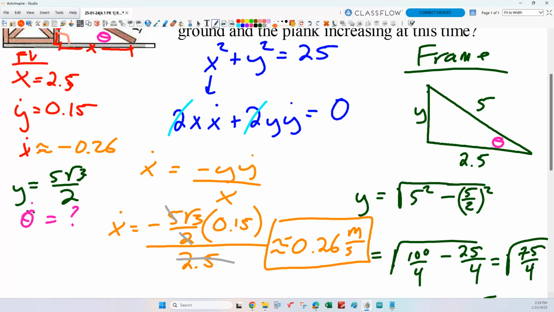That's our frame. What is theta equal to based on that picture? Arc cosine, agreed? From this picture we can see that cosine theta equals 2.5 over 5, that's 1/2. So theta is arc cosine of 1/2.